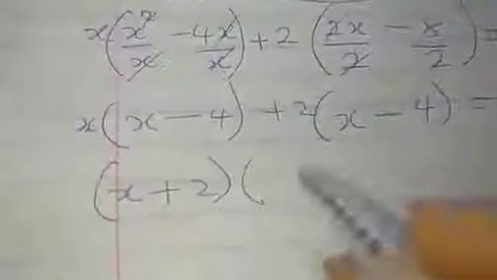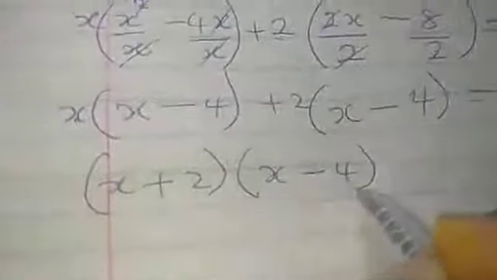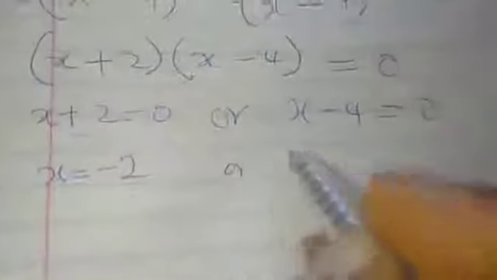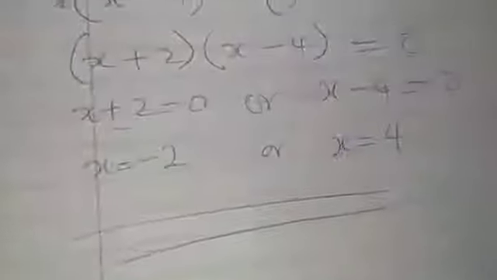You take any of the two, s minus 4 equal to 0. From that place, you see that s plus 2 is equal to 0, or s minus 4 is equal to 0. Finally, here will become s is equal to minus 2, that is, take plus 2 to the other side, we have minus 2. Or s is equal to, you take minus 4 to the other side, we have plus 4. So these are the solutions of the quadratic equation.